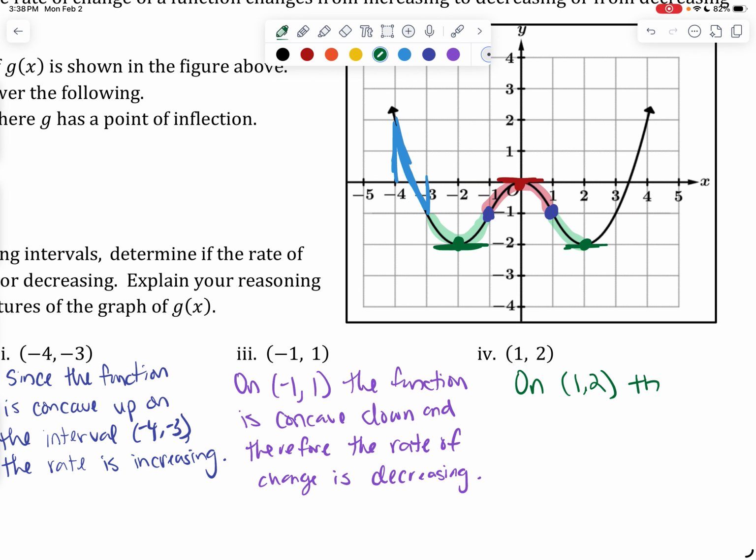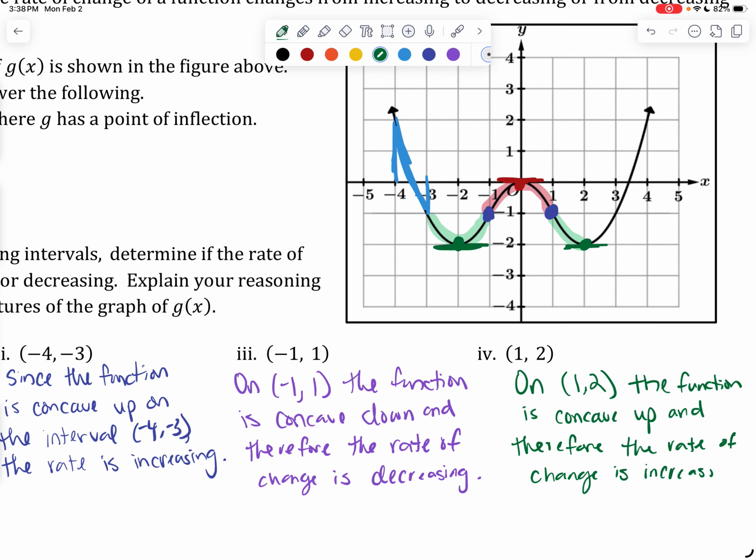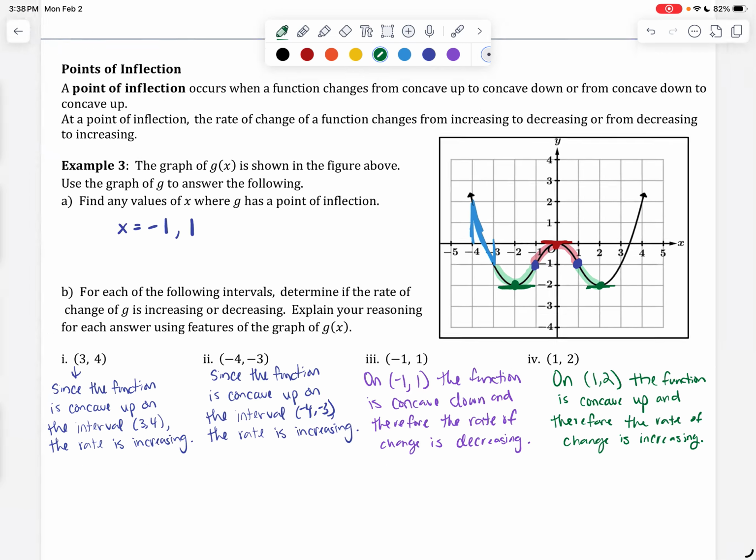On the interval 1 to 2, the function, notice how I do not use the word it, I say the function is concave up, and therefore the conclusion I can draw is that the rate of change is increasing.